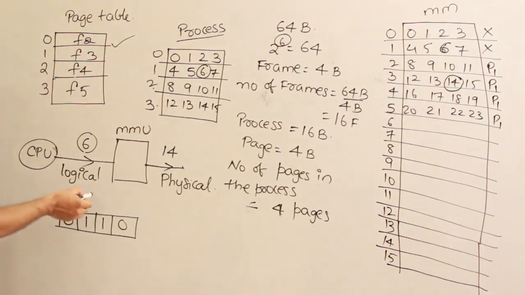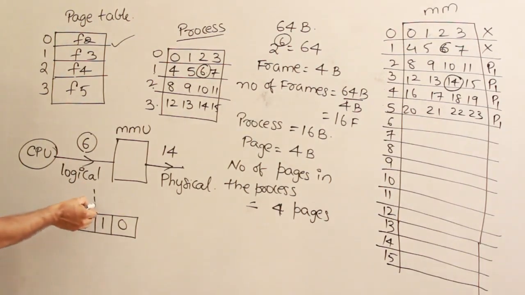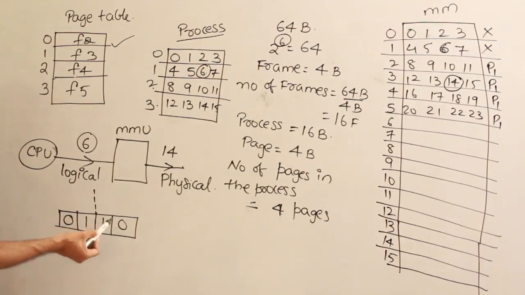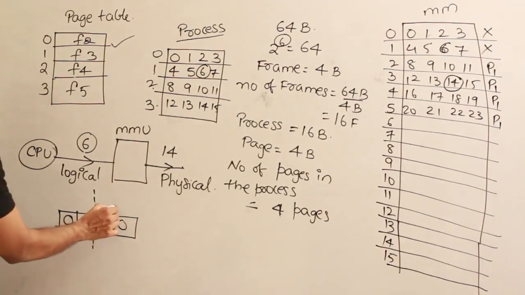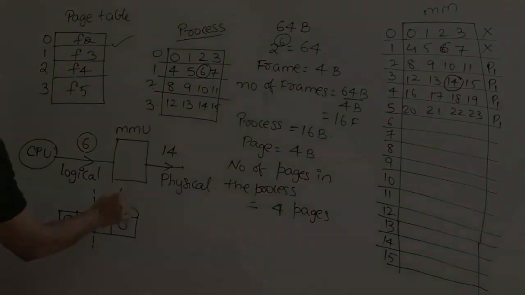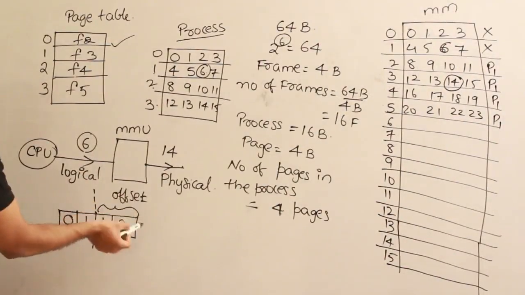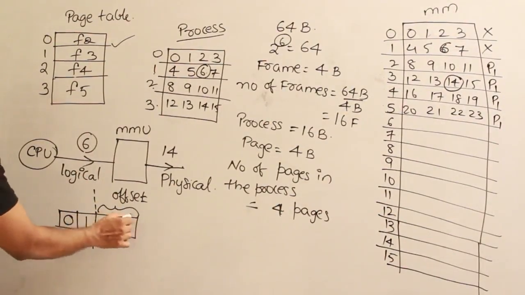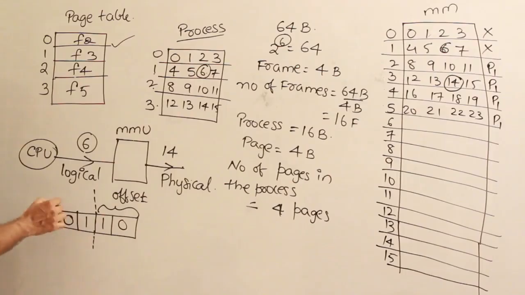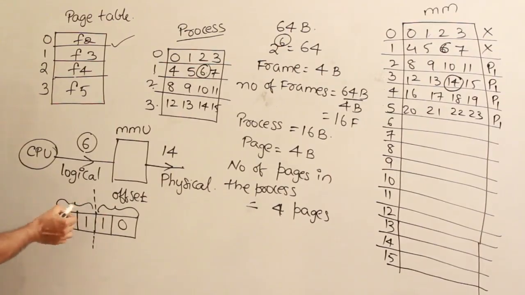And now if I use 2 bits as the offset, I can divide the logical address into 2 parts, right? The least significant 2 bits act as the offset, which says what the byte number is, and the remaining bits say what the page number is, right?